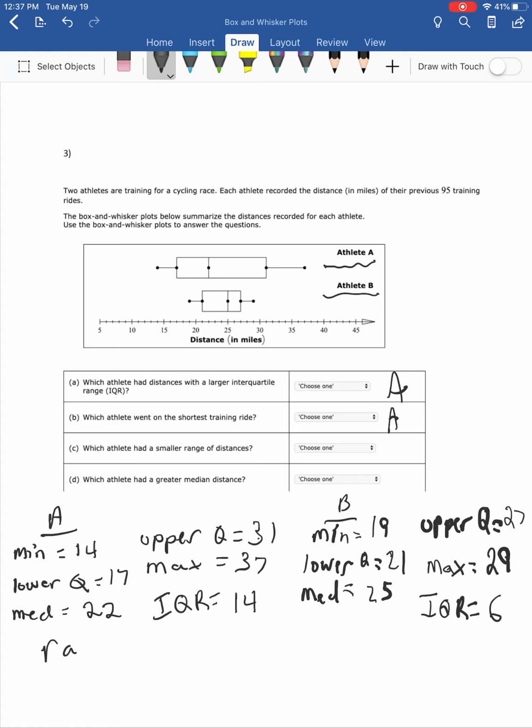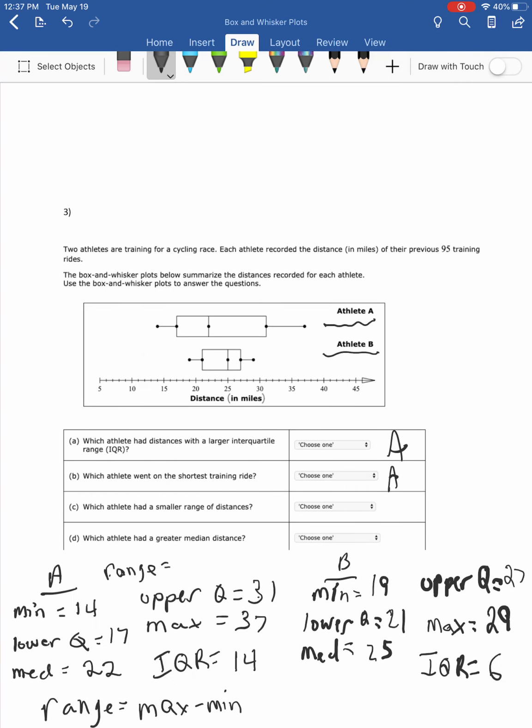Well, we know range is maximum minus minimum. So let's add this in. So his range for A, the max is 37, the min is 14, so his range is 23.